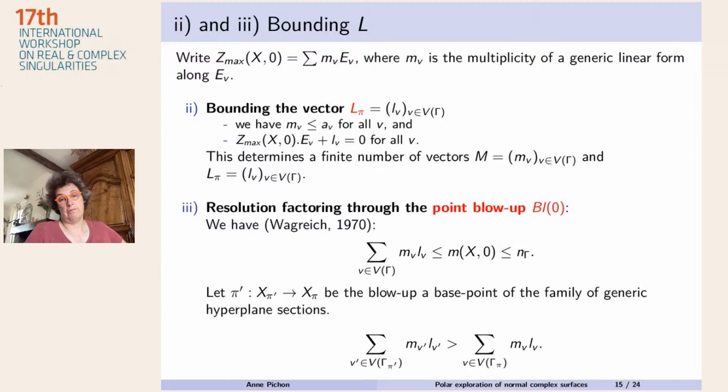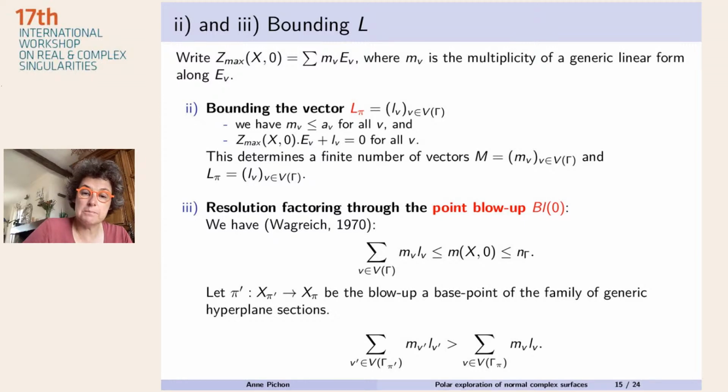under point blow-up. And indeed, if you consider pi prime, the point blow-up of a base point of the family of generic hyperplane sections, what you obtain is that this sum of MV LV will strictly increase, okay?